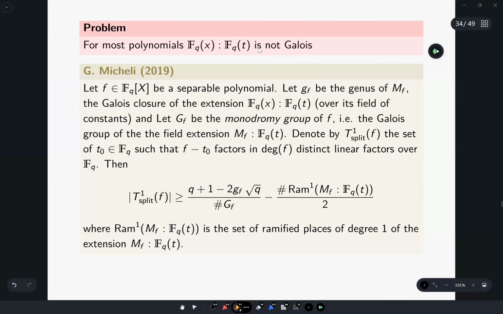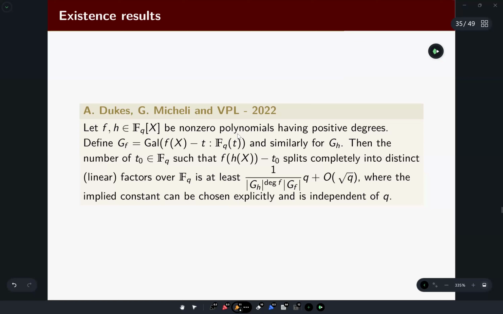And that's the main theorem that allows us to connect what happens with the totally split places of a given polynomial and how we can estimate the number of totally split places by using some ramification theory, where M of F is the Galois closure. Basically that's what we were able to prove: there are in fact at least this number of totally split places.